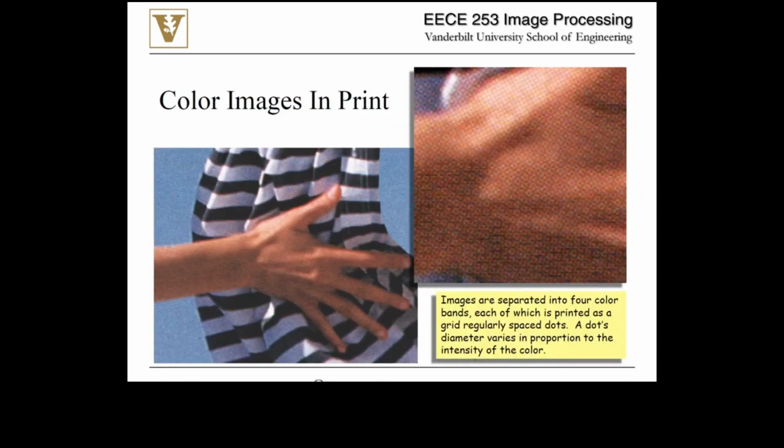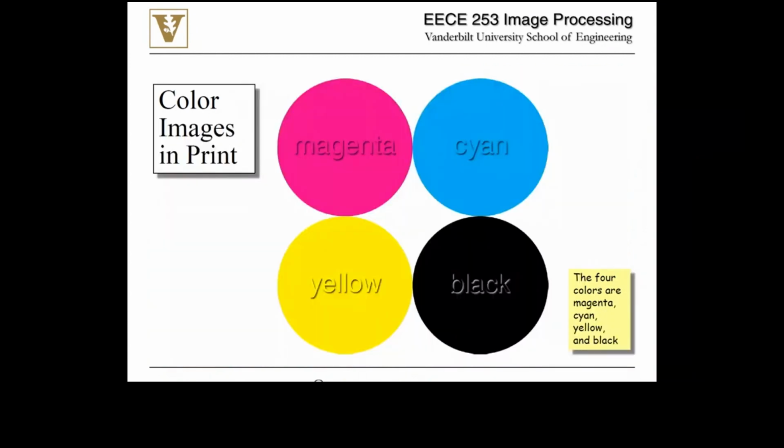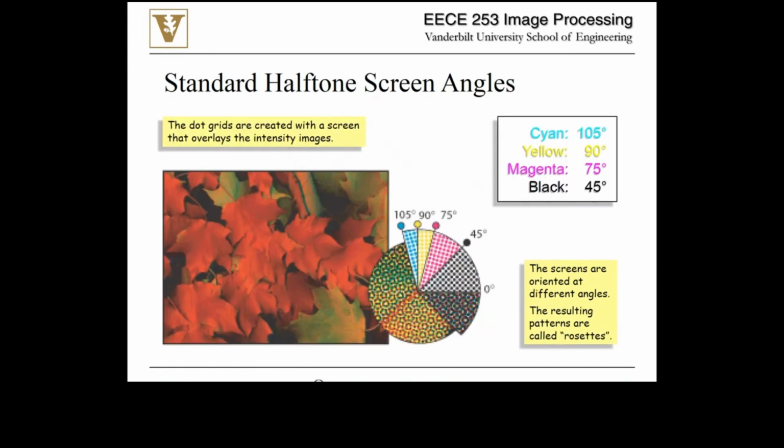Okay, then, what about printing? In printing, and we will revise this idea later, normally instead of three colors, we use four colors. So we do not use RGB, we use magenta, cyan, and yellow, and black. And normally we display in this way.